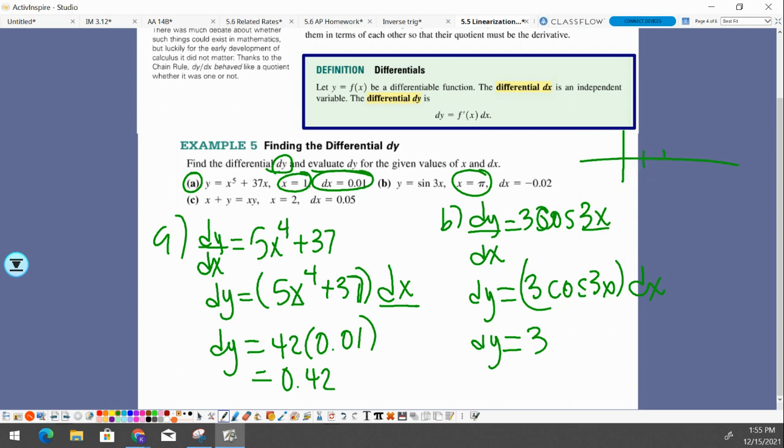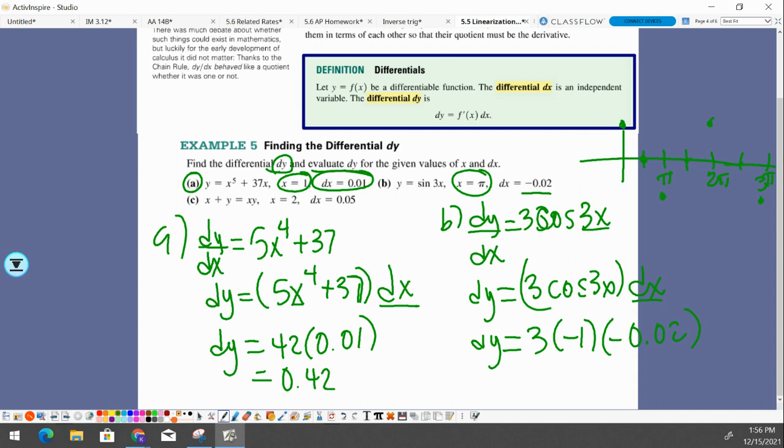All right, 1, 2, 3, 4. So that's pi. That's 2 pi. Here's 3 pi. Technically, cosine of 3 pi is the same as cosine of pi. If that's confusing to you, you can just keep going. See how this comes out at the same spot? This is just negative 1. The value of dx is negative 0.02.